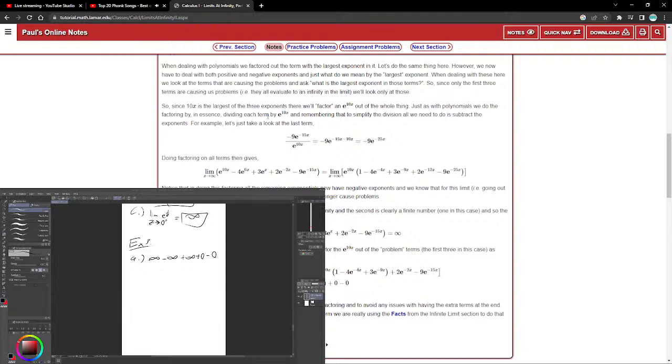When dealing with these, we look at the terms that are causing the problems and ask what is the largest exponent in those terms. So since only the first 3 terms are causing us problems, we'll only look at those. Since 10x is the largest of the 3 exponents, we'll factor e to the 10x out of the whole thing, just as we do with polynomials.